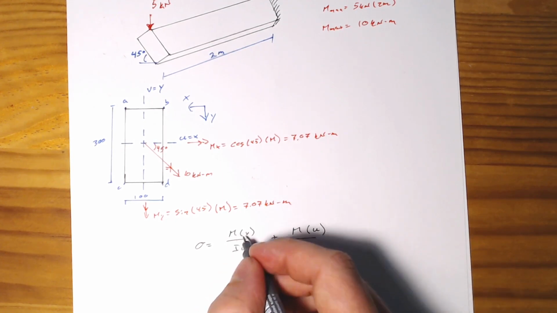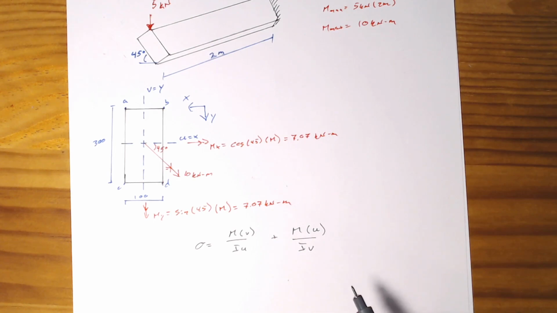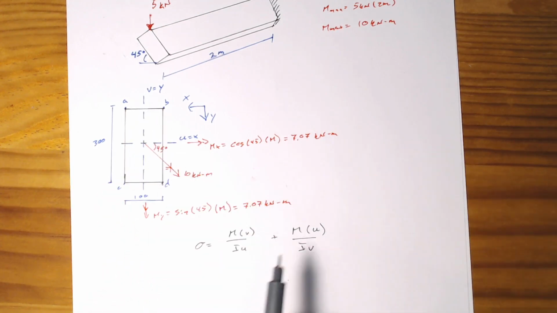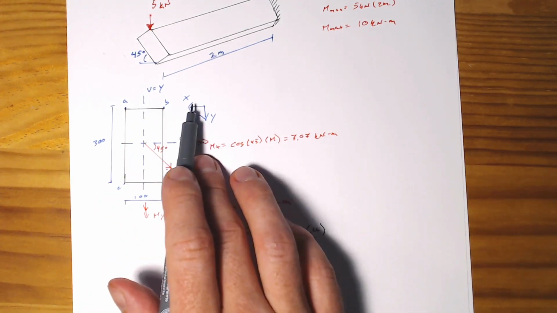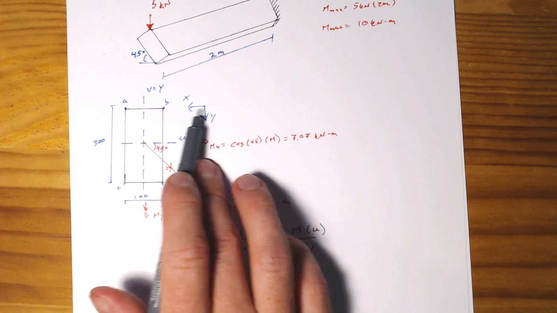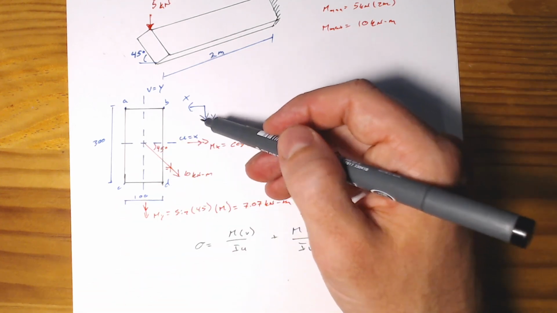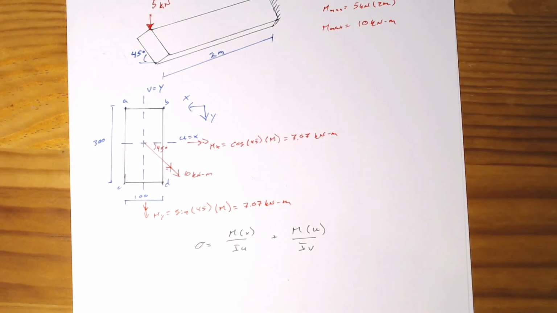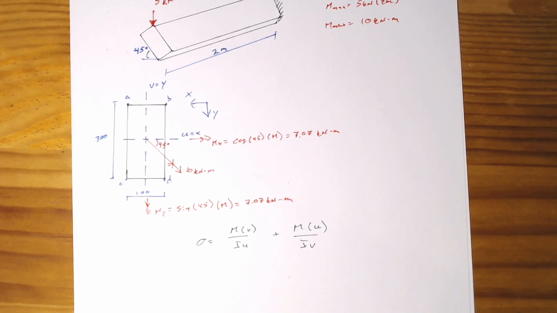Of course this will be bending about the x and bending about the y. It's very similar to what we do for a Cartesian coordinate system, where we're just going to add the two up. The first thing to note is that I've got my axes oriented in this direction, mostly so that we're consistent with y being down from the neutral axis, like how we derived our bending stress, but it doesn't really matter as long as you're consistent.